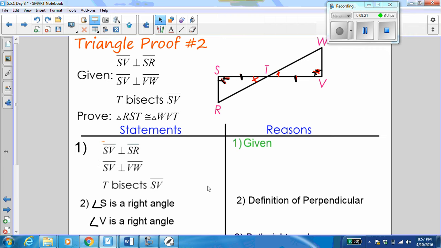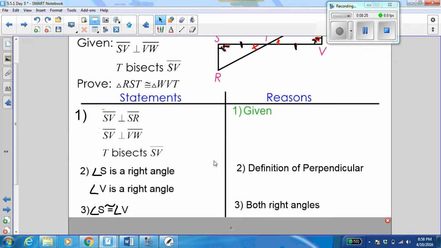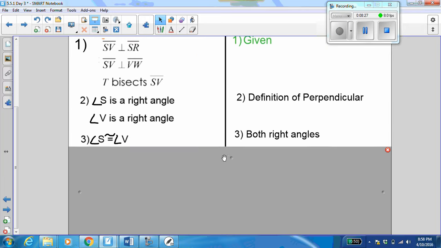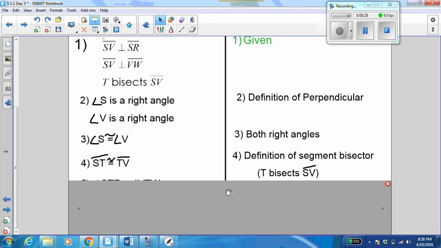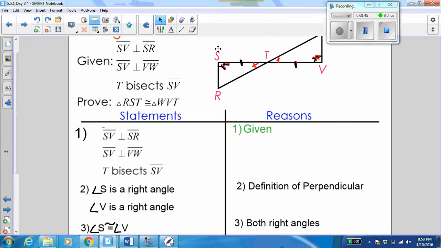So let's write that down as our next step. Line segment ST is congruent to line segment TV, definition of segment bisector. Or if we wrote because T bisects line segment SV, that would work as well. So again, I'm getting there. I have angle, I have side, not enough information. I still need more information.